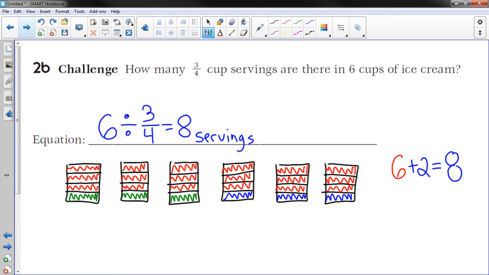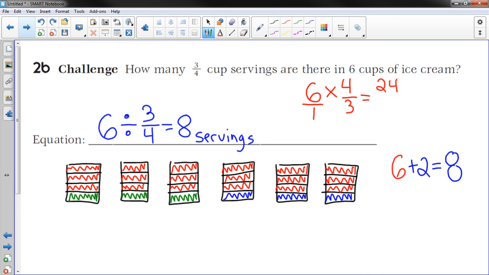You might want to know how to do that mathematically. Well, you'd take 6 and instead of dividing by 3/4, you'd times it by the reciprocal of 3/4, which is 4/3. And remember, 6 can be seen as 6 over 1. Then you multiply the top number. 6 times 4 is 24.